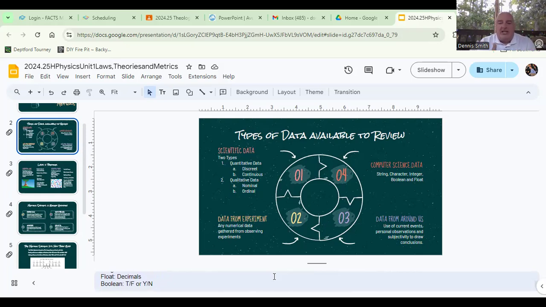Okay, so computer science data, we have the character, which is a single mark, and the string, which is made up of characters, and it can be letters, numbers, and symbols.